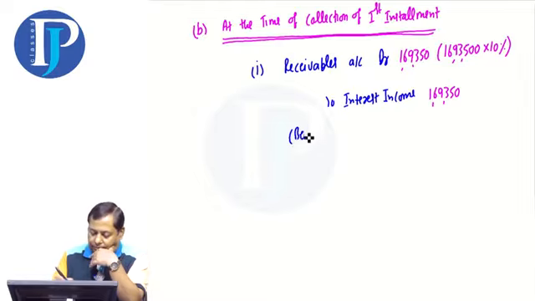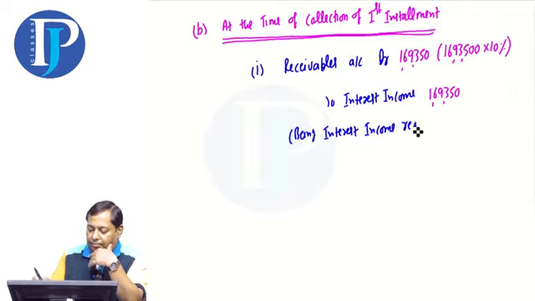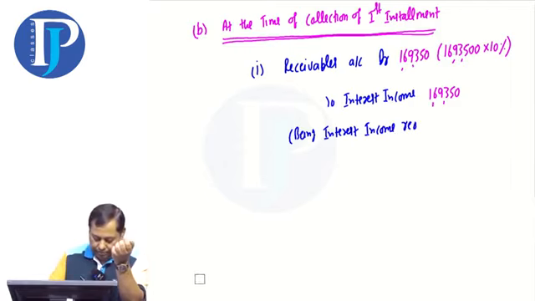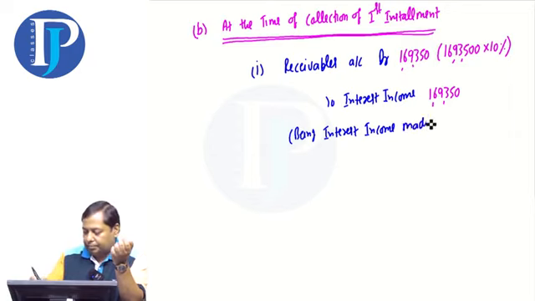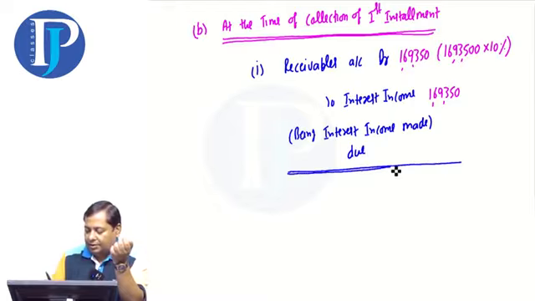Being interest income recorded, made due. We made this income due. 169,350. The income has been made due.